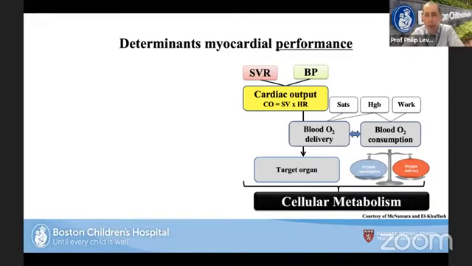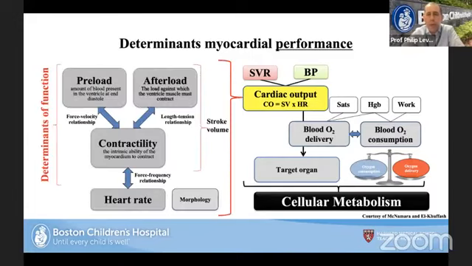But cardiac output is determined directly between three key elements. Preload, how much blood is going into the heart. Afterload, how much resistance the heart is facing. And contractility, the intrinsic ability of the heart to contract. Contractility is not function. Preload, afterload, and contractility determine the overall function of the heart.